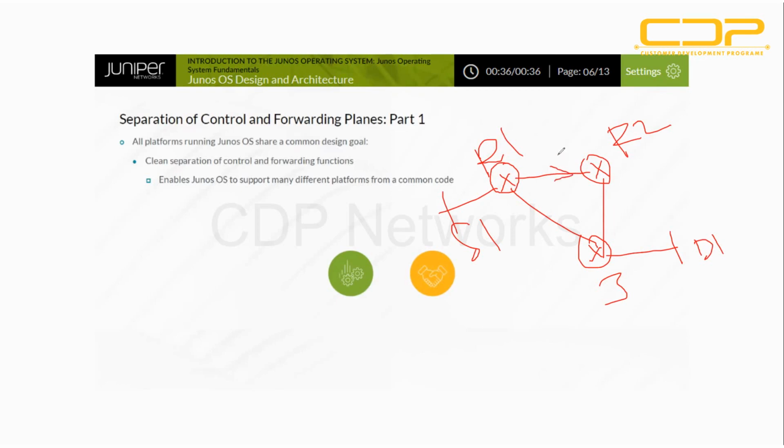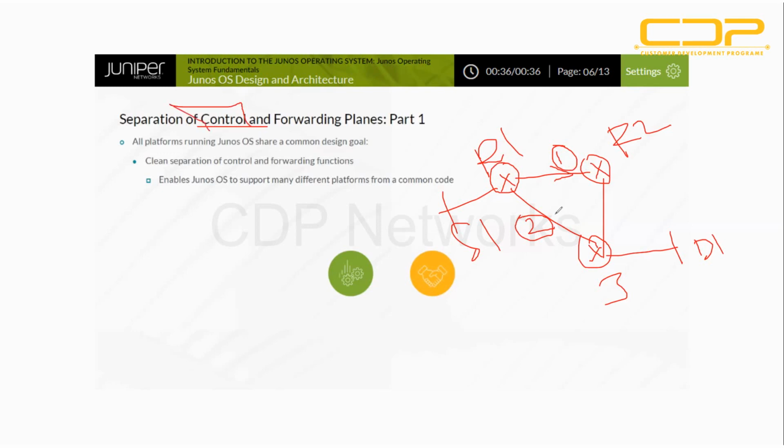If I send a packet from source 1 to destination 1, there are two paths. Number 1 is this and number 2 is this path. There are two paths to reach the destination. So what will be the best path? Who selects this? The routing protocol selects the path. Which one is the best? This routing protocol decision is made in the control plane.